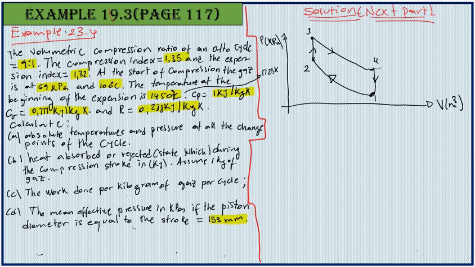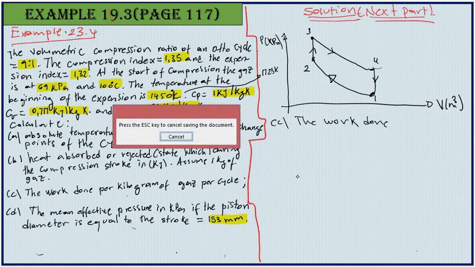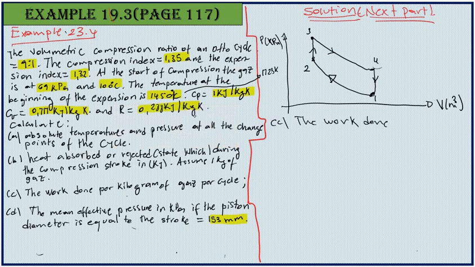So now in question C, they want us to determine the work done per kilogram of gas per cycle. So here they want us to determine the work done of the entire cycle.